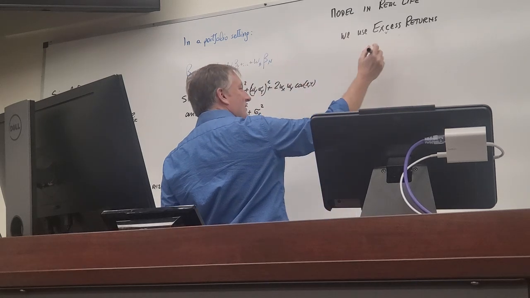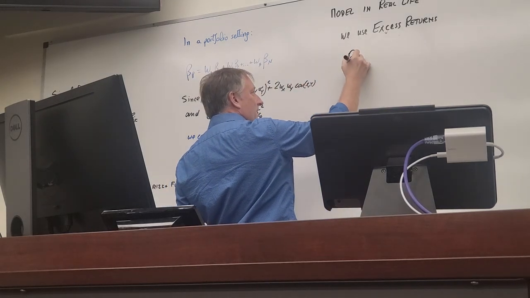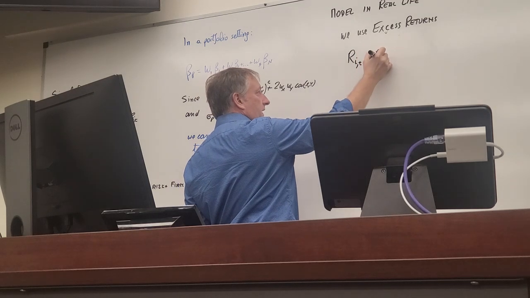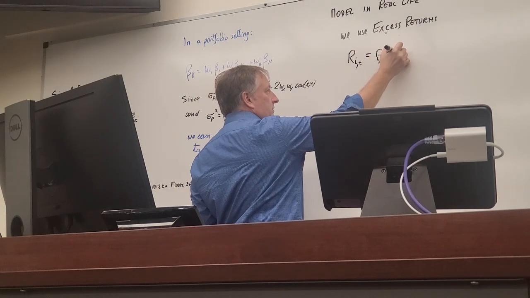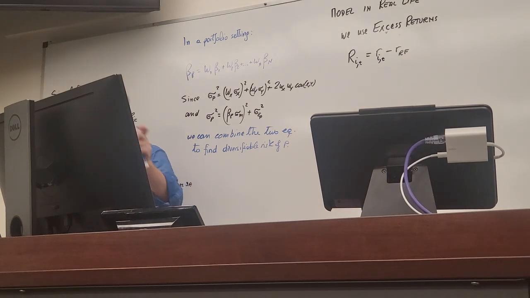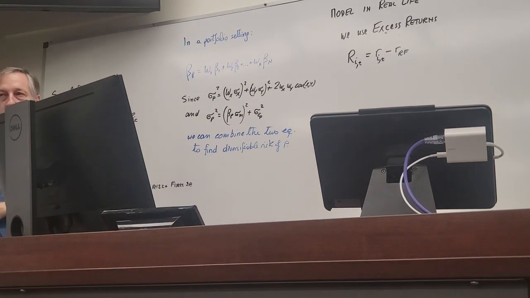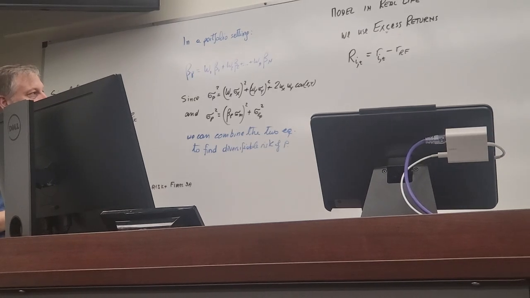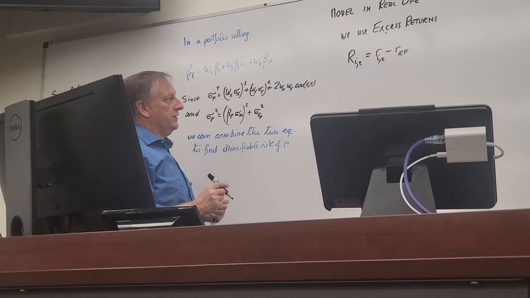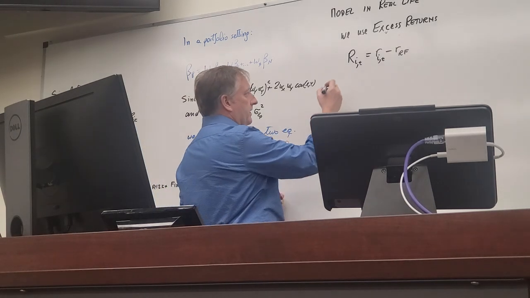So you use excess returns, which are defined as big R, i comma t, equal to the little return of i at time t minus the risk-free rate. Okay, so it's what you get in excess of, think of it as the lowest return that is to be expected. So I use excess return to figure out the return of i.